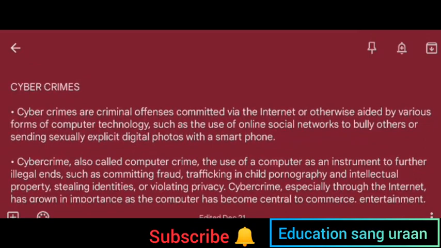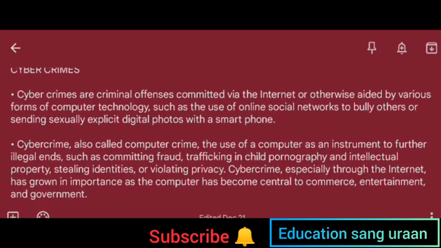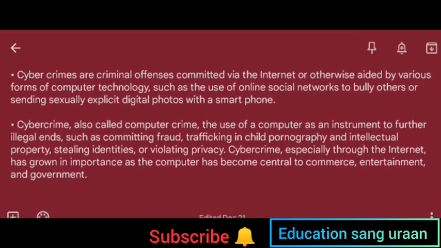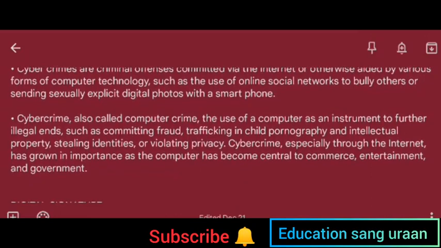Cybercrimes. Cybercrimes are criminal offenses committed using the internet or otherwise aided by various forms of computer technology, such as the use of online social networks to bully others or sending sexually explicit digital photos with a smartphone.